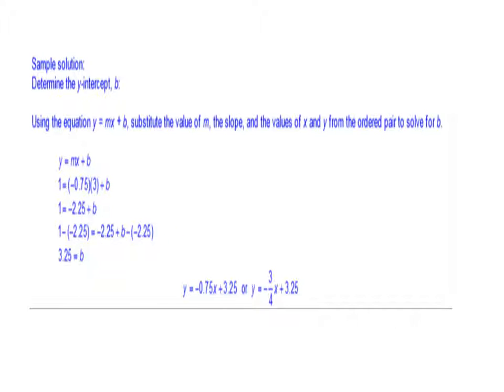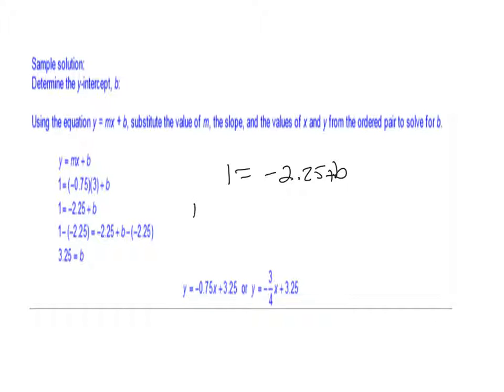Let me show you what they're doing. This is the same thing as if we were saying 1 is equal to a negative 2.25b, or should I say plus b, and then we're going to add to both sides.